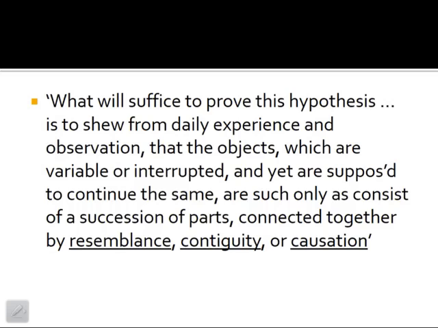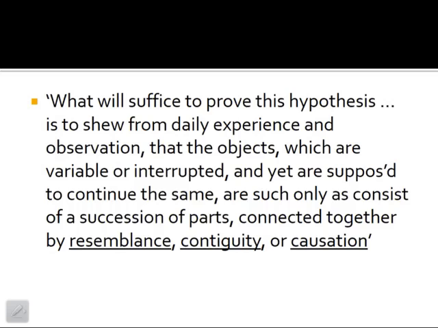Here on this slide, he's saying that if you're not already convinced, he's going to prove it from daily experience by showing that objects which are variable or interrupted and yet are supposed to continue the same are such only as consist of a succession of parts. So he's saying, I'm going to show you some specific examples where objects are actually different and just connected together by some kind of relation, but where we accidentally think that they're the same.